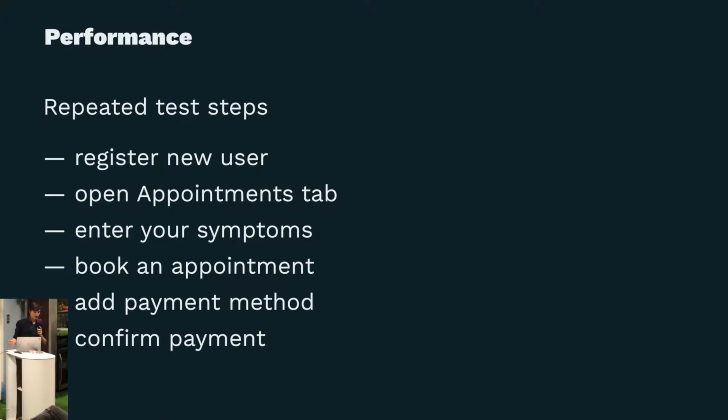Then you confirm your payment and tada, you have an appointment. And then in the next test that tests something else related to the appointment feature, you basically have to repeat these sections again. And this is eating a lot of time. So this leads to a lot of steps being performed over and over again.